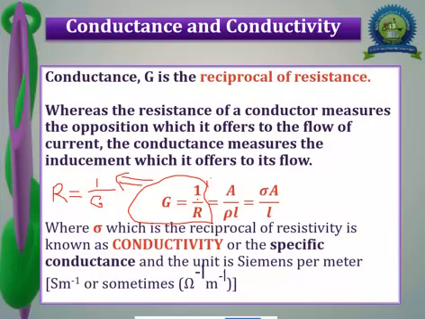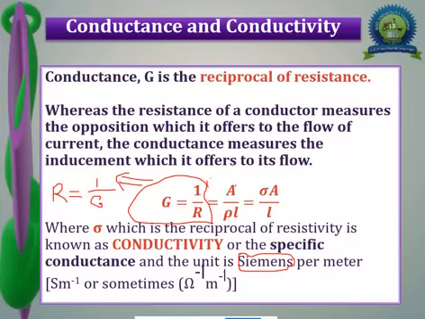Conductance is measured in Siemens, with capital letter S as the symbol. Is that okay?